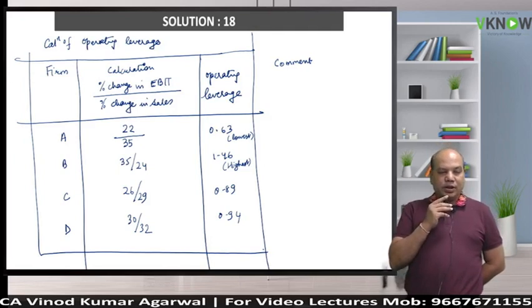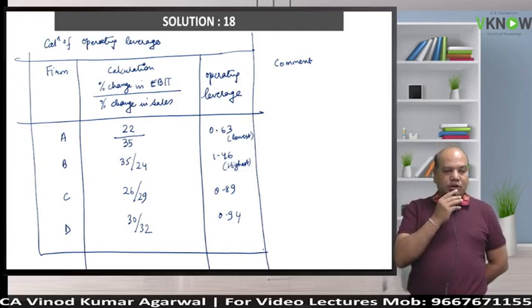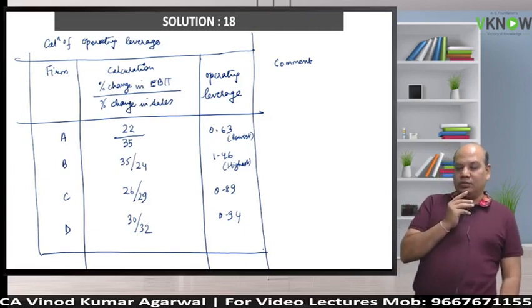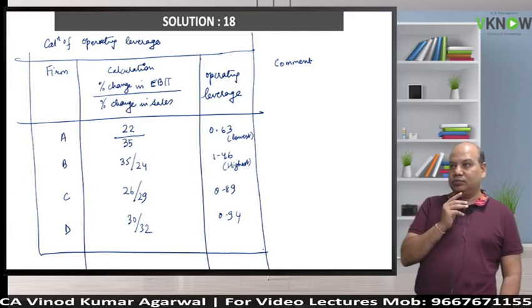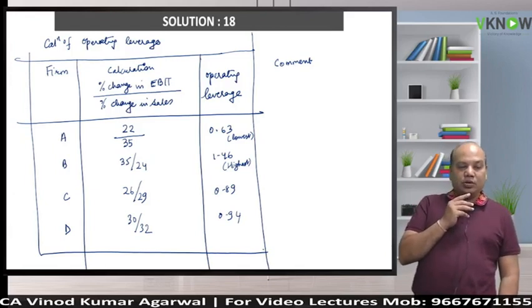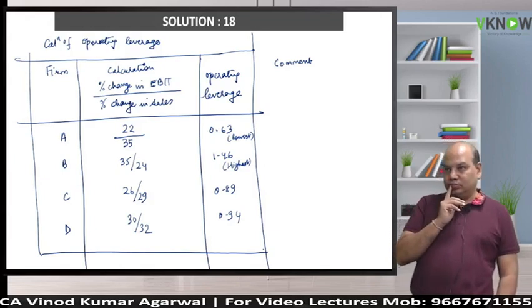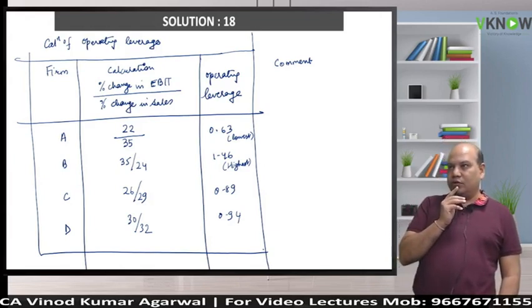We can see that beta of B Limited is highest because its operating leverage is highest.